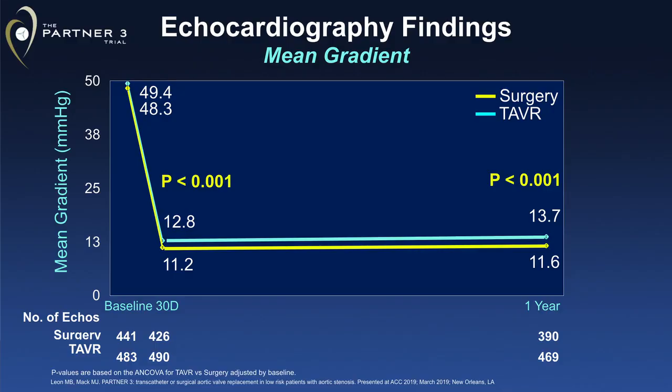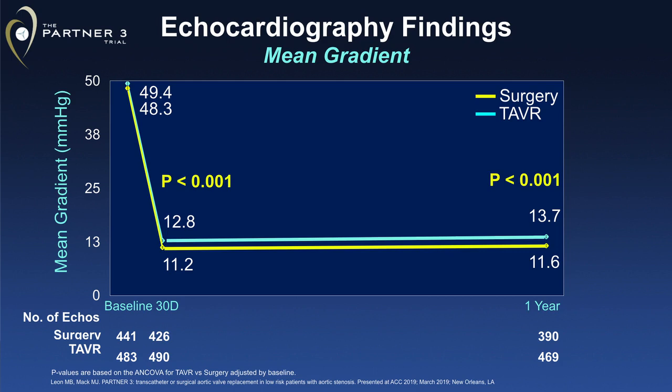Now we can look at the differences in the average gradient across the new valve after surgery versus TAVR, and we are seeing a statistically significant difference, but the difference is very small.